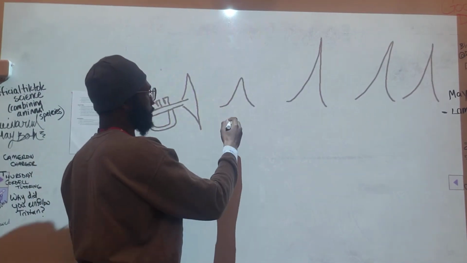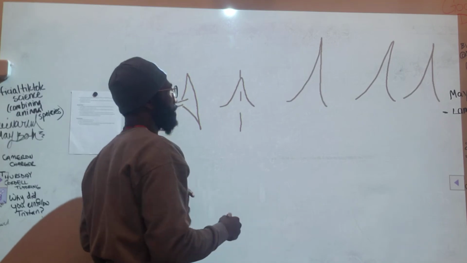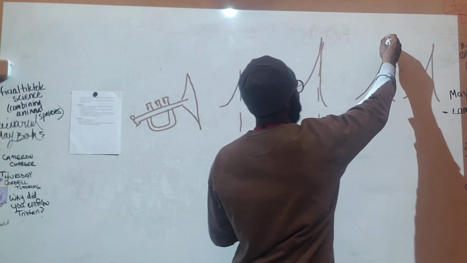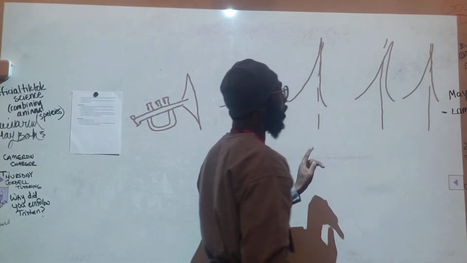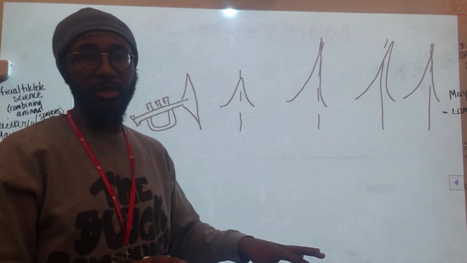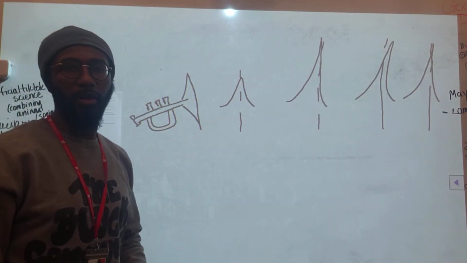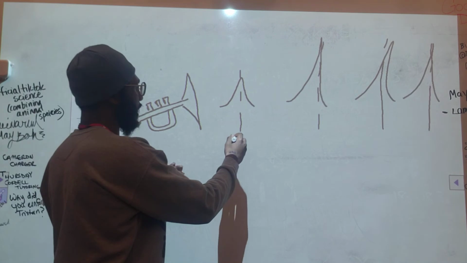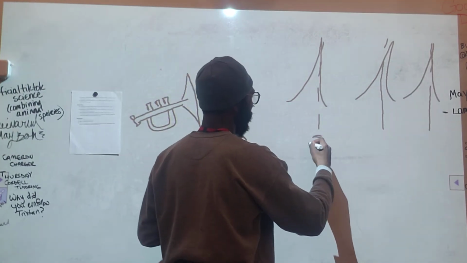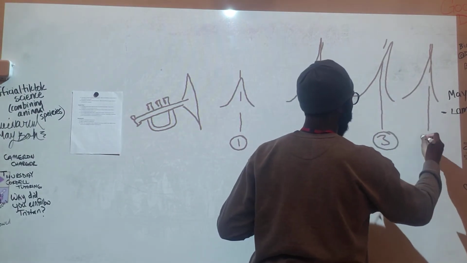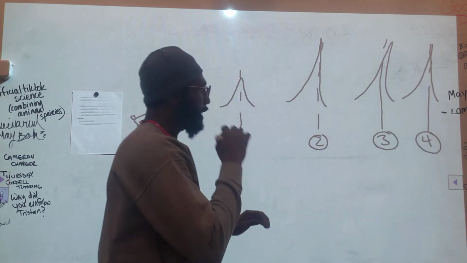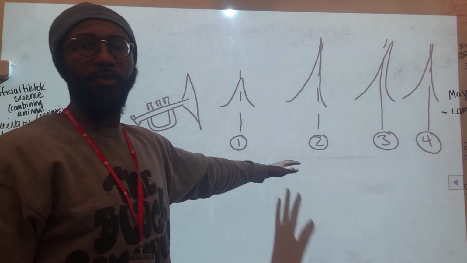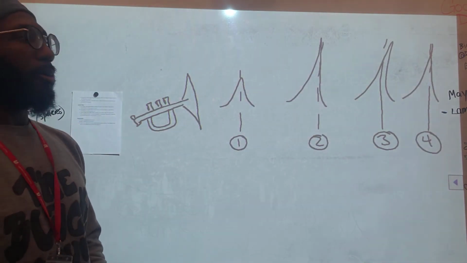So this frequency, and this frequency are all different frequencies, but the trumpet is playing all of them. Just for the sake of keeping track, let's label them 1, 2, 3, and 4. Okay, so this trumpet is playing all of these 4 frequencies.